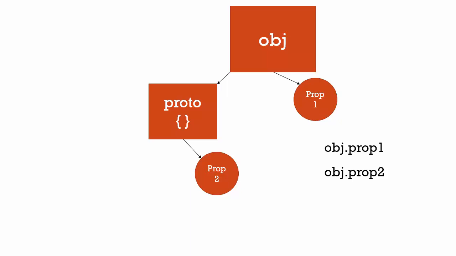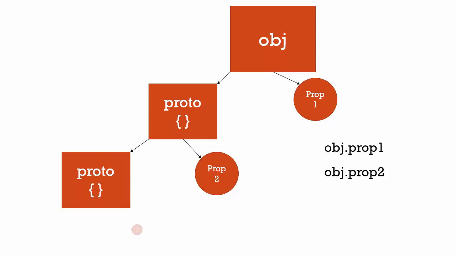Similarly, that prototype object itself can also point to another object, and so on and so forth. Each object can have its own prototype. And maybe this prototype of the prototype has another property, prop3. And so I use the dot operator to call obj.prop3.